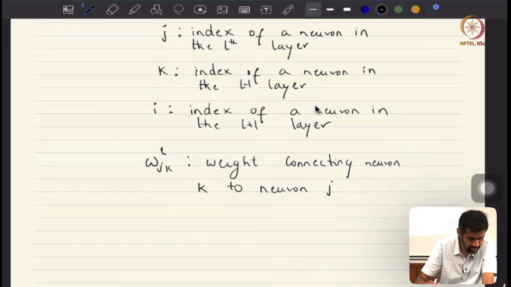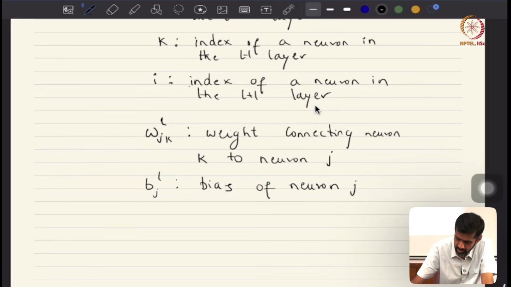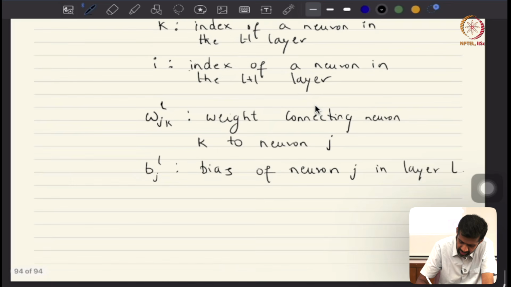So we have B, J, L, which is the bias of neuron J in layer L. Now let me define a few more things here.